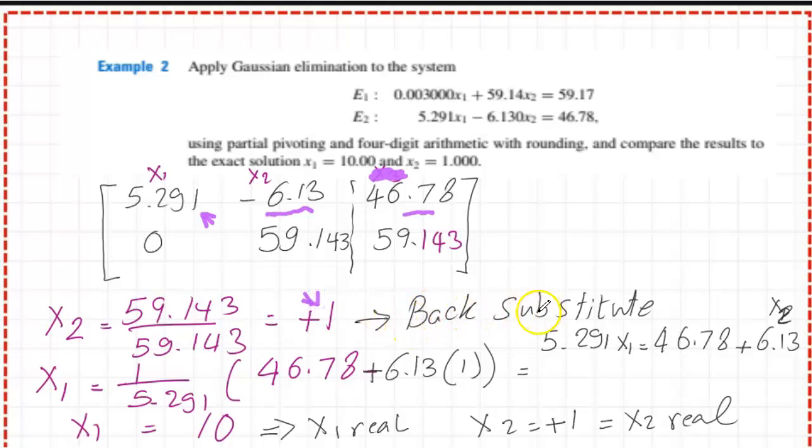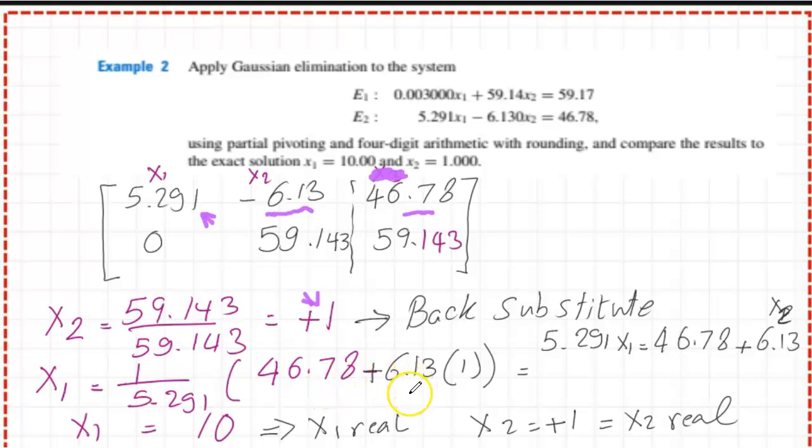We make back substitution into the first equation. In the first equation, we have 5.291 multiplied by x1 equals 46.78, and we will move this one to the right hand side by changing the sign. It will become 6.13. So we can write that x1 equals 46.78 plus 6.13 multiplied by x2, which is plus 1, all divided by 5.291.